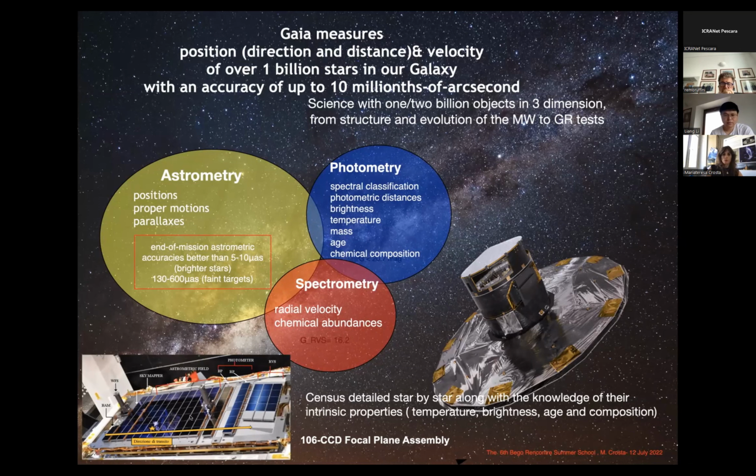Basically, in its focal plane, Gaia combines 3 fundamental measurements in astronomy: astrometry, photometry, and spectrometry. So the Gaia census is detailed star by star, along with knowledge of the intrinsic properties of the stars, such as temperature, brightness, age, and composition.